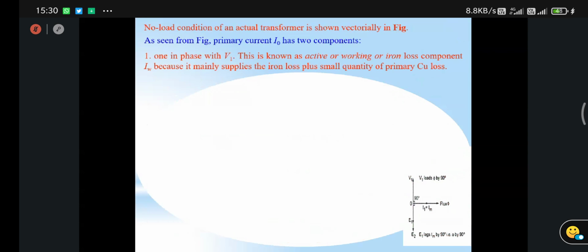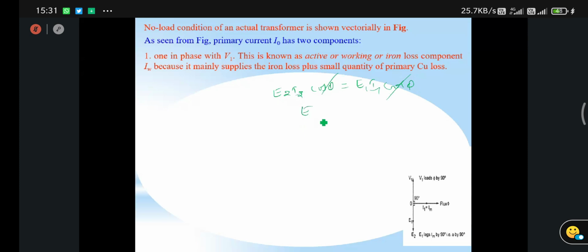One point you have to remember: in an ideal transformer there are no power losses. That's why E2 I2 cos phi equals E1 I1 cos phi, so both cancel out.